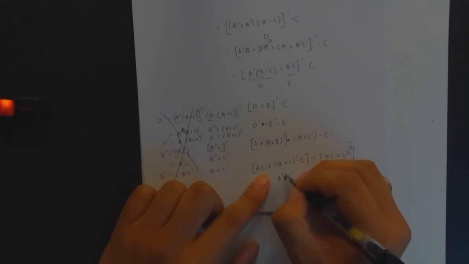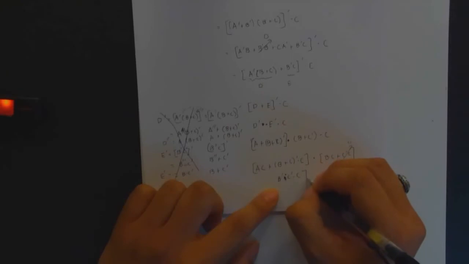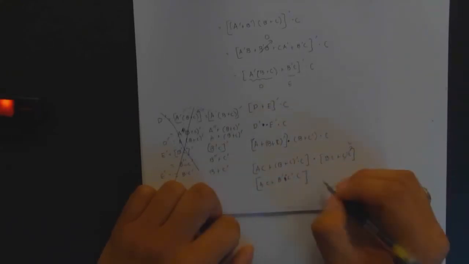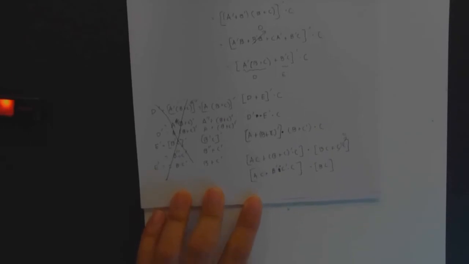Again, canceling this out to be 0, we have BC, AC, and then using De Morgan's law one final time on this guy, we have B prime, C prime, sorry, no, and C.